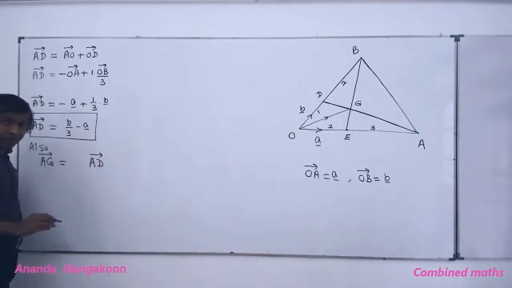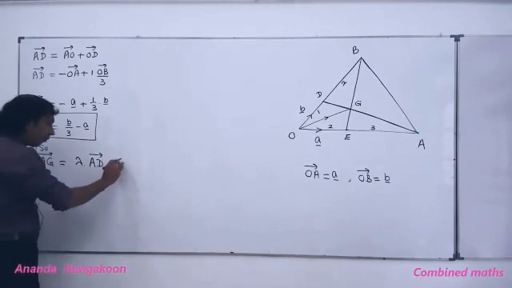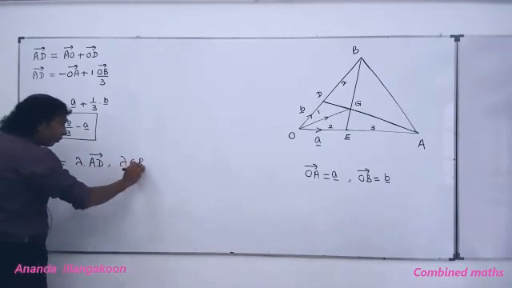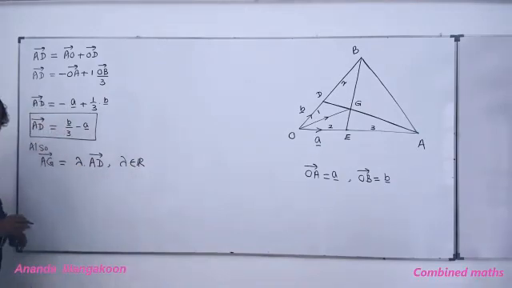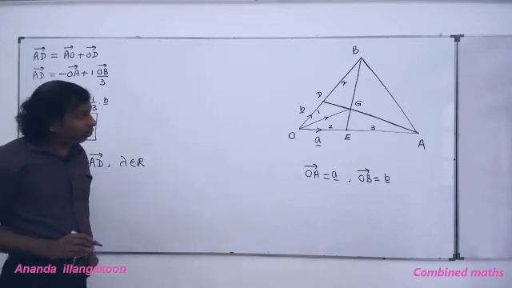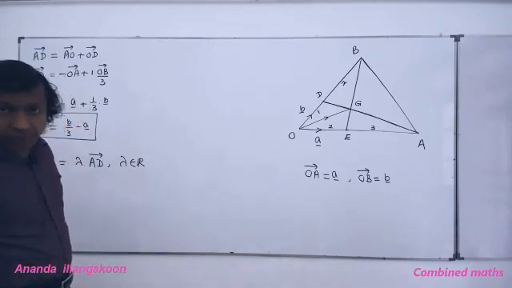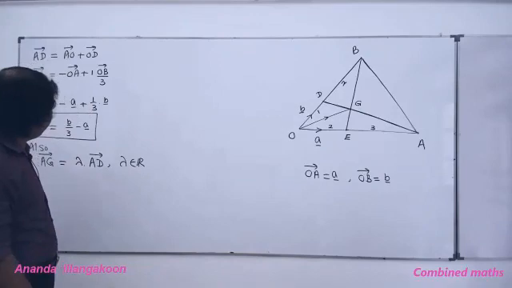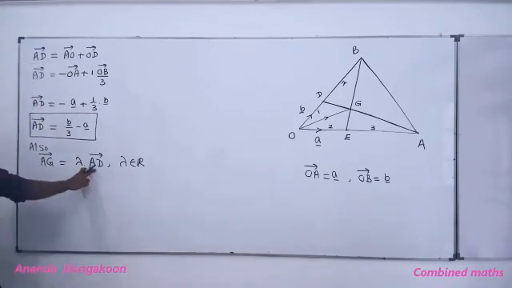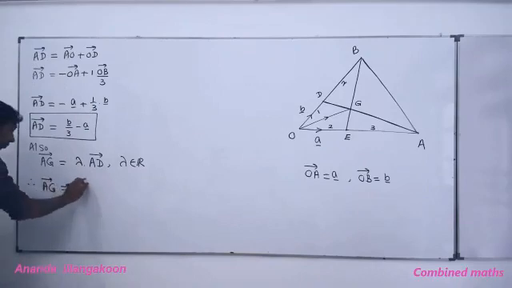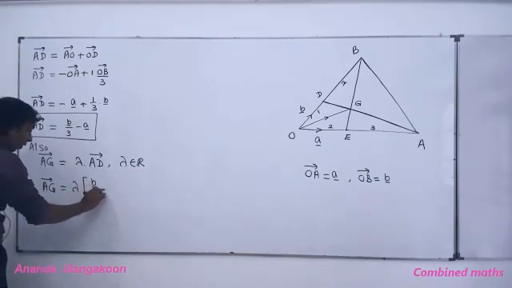That real number should be less than 1, and we will take the real number as lambda. What is lambda? Lambda is a real number. Then AG vector you can write as lambda times AD vector, which is b vector by 3 minus a.